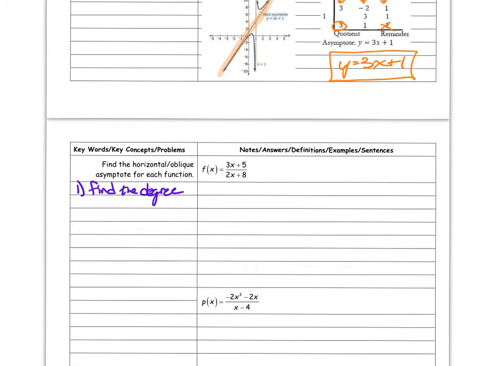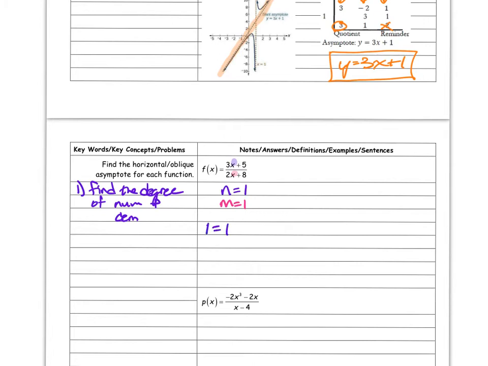I want to find the degree of the numerator and the denominator. So the degree of my numerator, n, equals 1. And the degree of my denominator, it's a variable by itself, m equals 1.